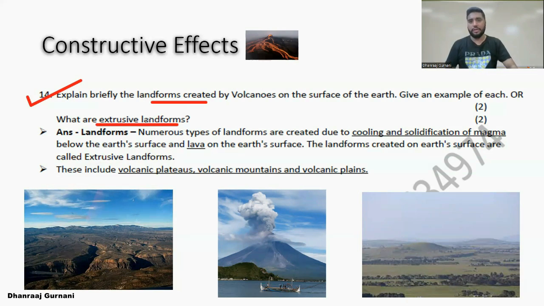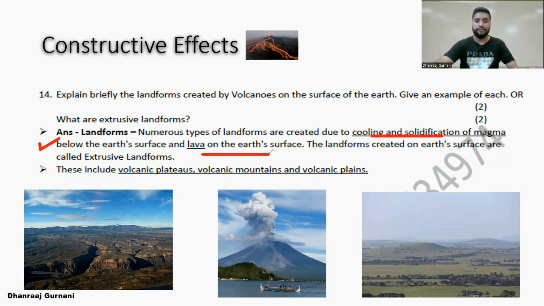You've done this before in the earlier parts of the syllabus. Extrusive, as the name suggests, is outside, exterior. So what are extrusive landforms? The answer says numerous types of landforms are created due to cooling and solidification of magma below the Earth's surface and lava on the Earth's surface.